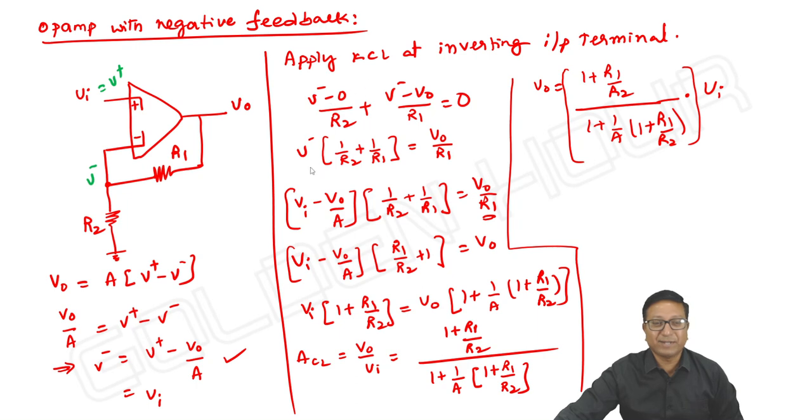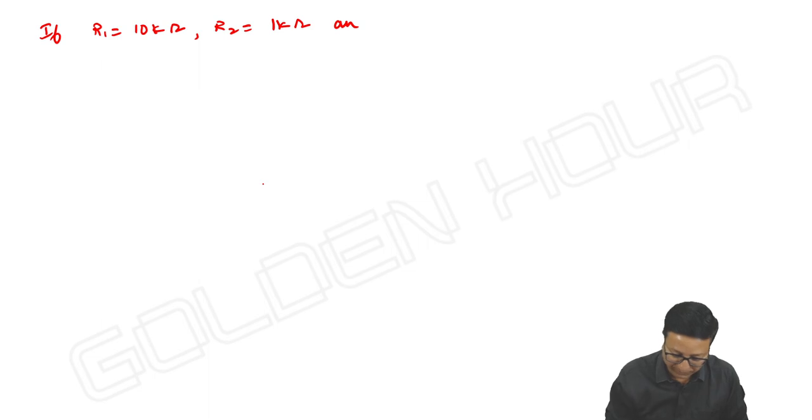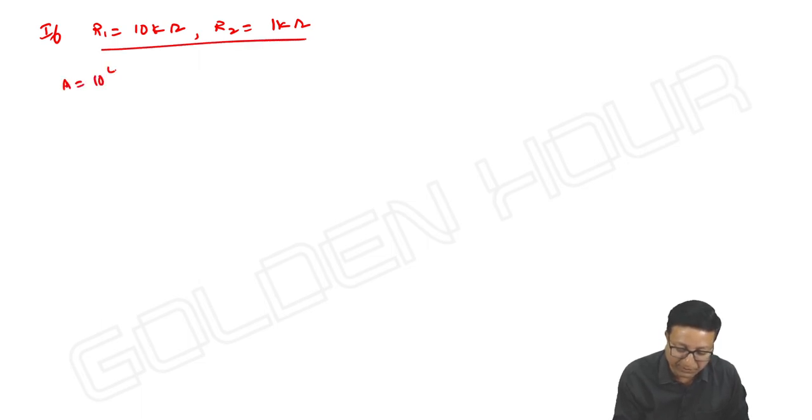Now let us take some example for better understanding of the further analysis. Suppose R1 is equal to 10 kilo ohm, R2 is equal to 1 kilo ohm, and I am taking different cases for A, starting with A equal to 10 power 4.